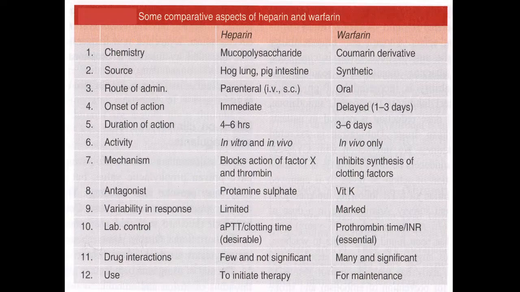Mechanism of action: heparin blocks action of factor 10A and thrombin, but warfarin, as we discussed, inhibits synthesis of clotting factors. Antagonists used for overdosage: in overdosage of heparin, we use protamine sulfate, 1 milligram per 100 units.